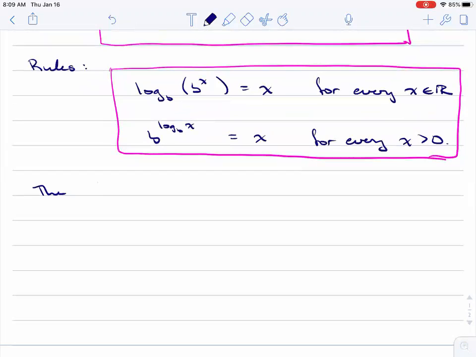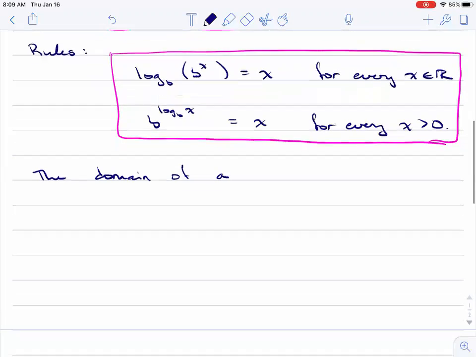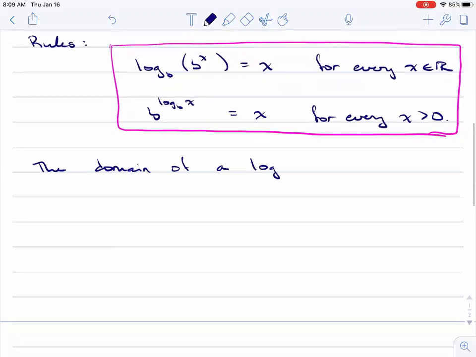The domain of a logarithmic function, or I'll just say logarithmic functions, not just one, but all of them, is 0 to infinity.